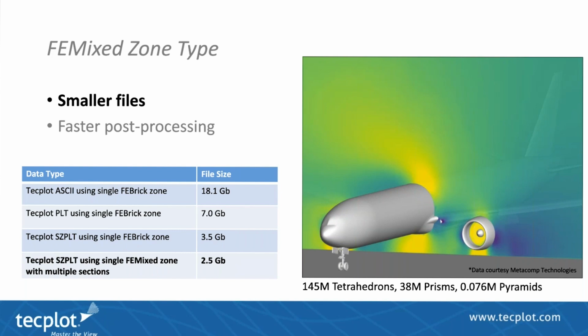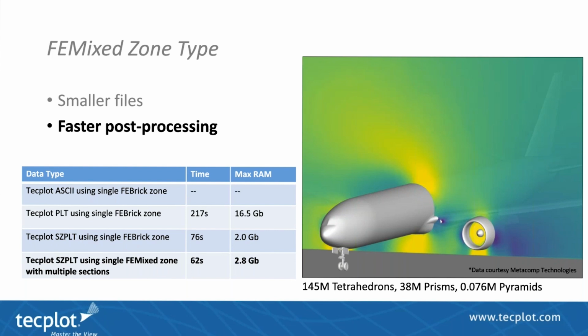So you get a substantial savings even over the FE brick zone. This data, by the way, was provided to us by Metacomp. So thank you, Metacomp Technologies. Next slide, please.